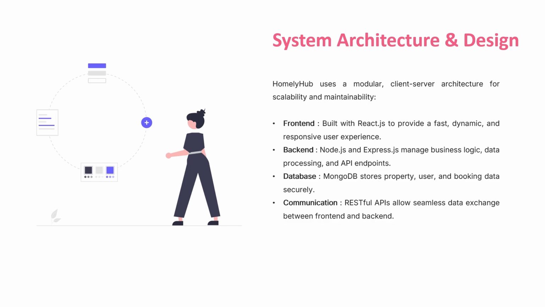For the backend, I used Node.js and Express.js to manage the business logic, data processing, and API endpoints. Third, for the database, I used MongoDB, a non-relational database that stores the property, user, and booking data securely. And for communication, we used RESTful APIs that allow seamless data exchange between both the front end and the back end.